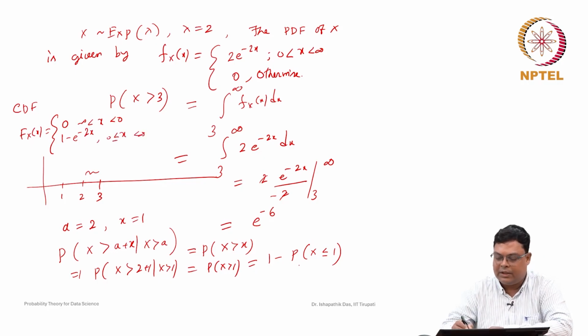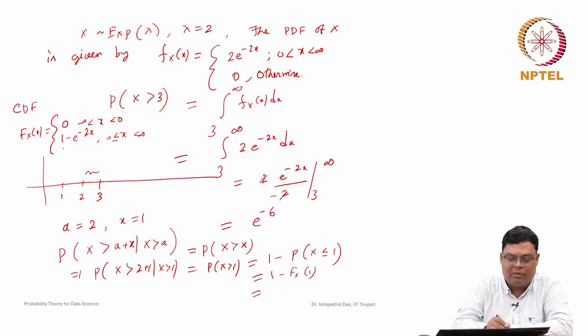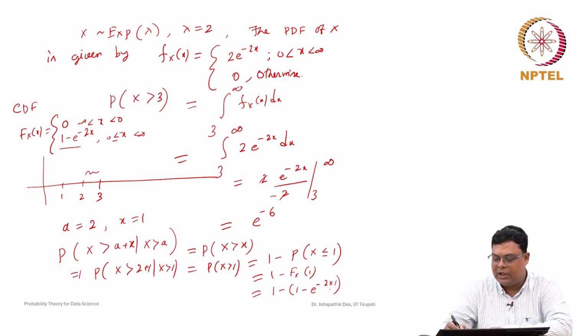So this is 1 minus F_X(1). F_X(1) is 1 minus e to the power of minus 2 into 1. So this is nothing but e to the power of minus 2. This is the answer.